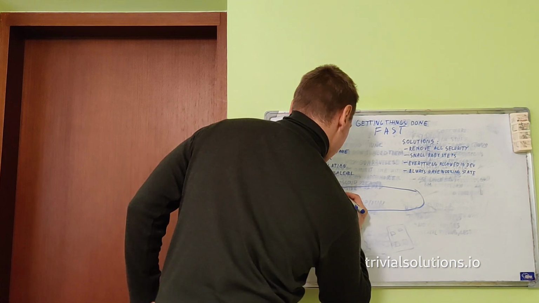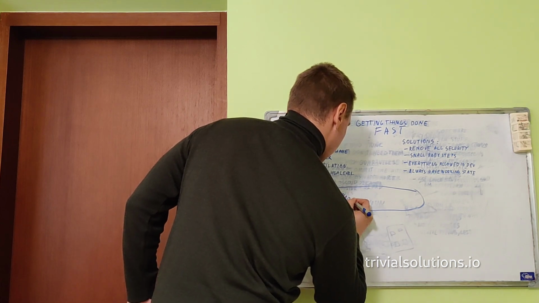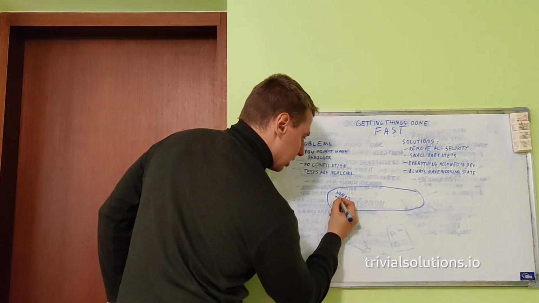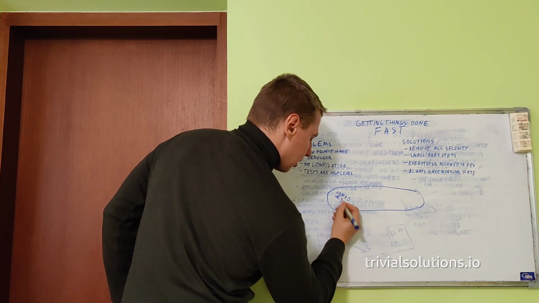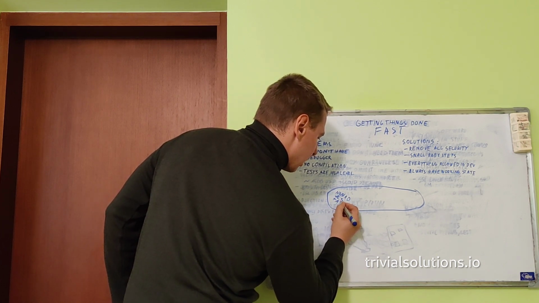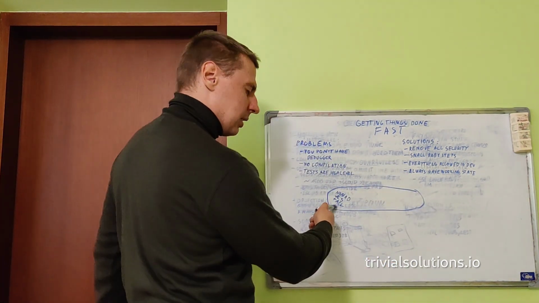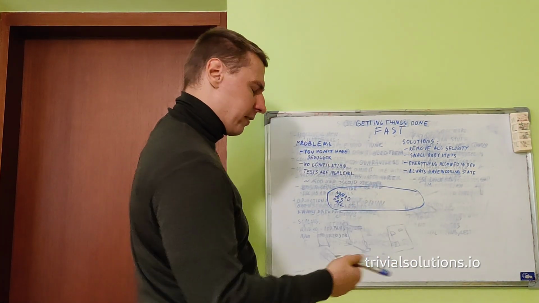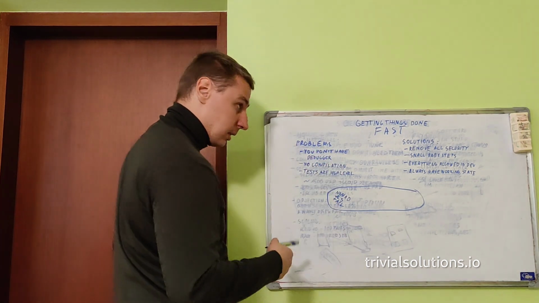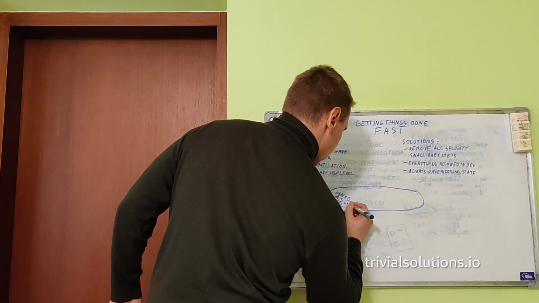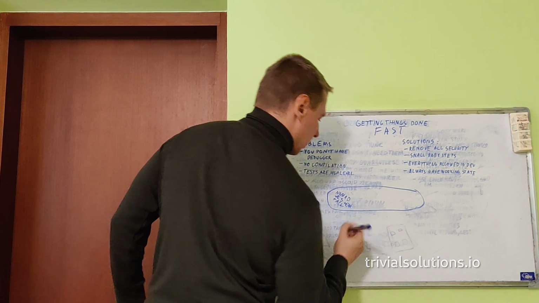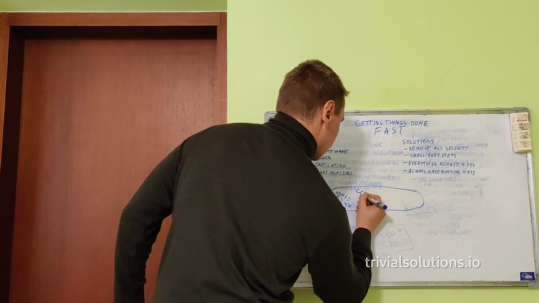This is Nomad. You provision TLS. You provision ACL. Then there are more things that I forgot. Oh yeah, there's encryption for gossip. There's Consul, same.